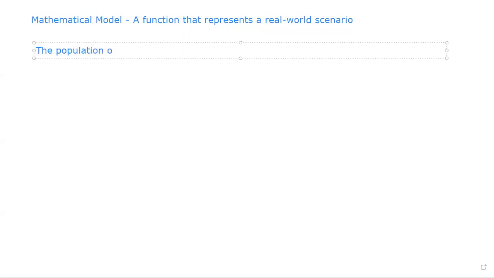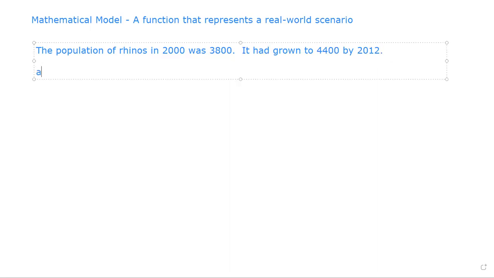Population of rhinos in 2000 was 3,800. It had grown to 4,400 by 2012. First, find the model representing population of rhinos t years after 2000.